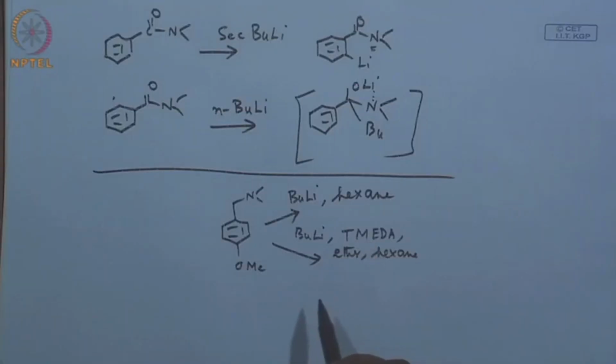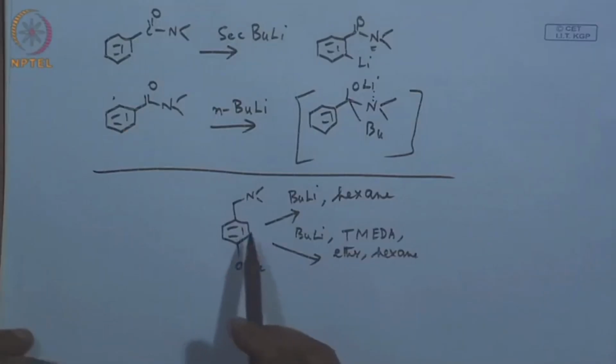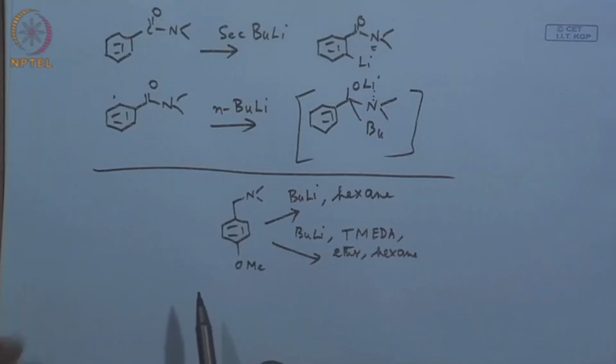But when you add TMEDA, it breaks up the tetramer, so it is free and becomes more basic. That makes the system non-coordinating, meaning it cannot form chelation, etc. That means it will be guided by acidity and basicity. Now, I think all of us can guess which one in this case is acidic and which one is basic.